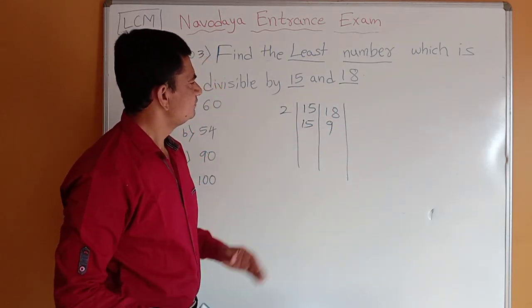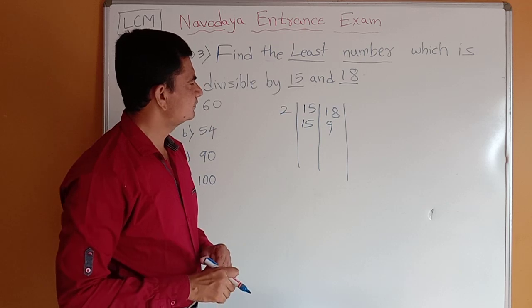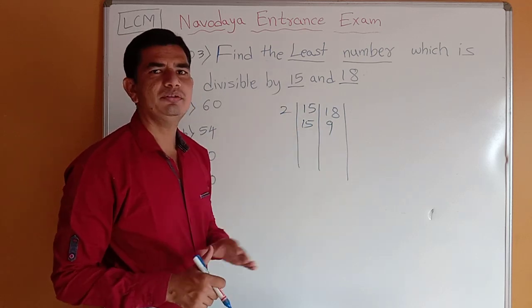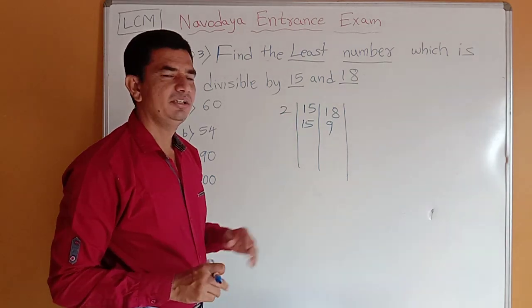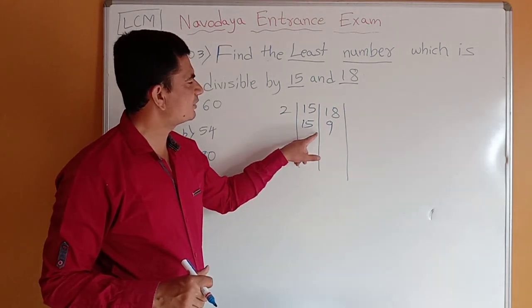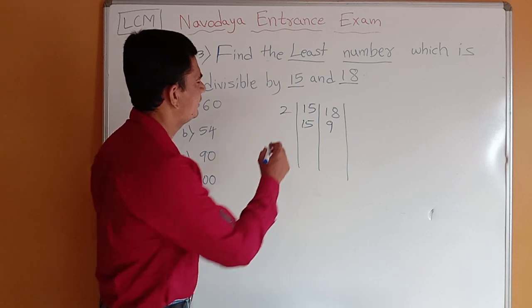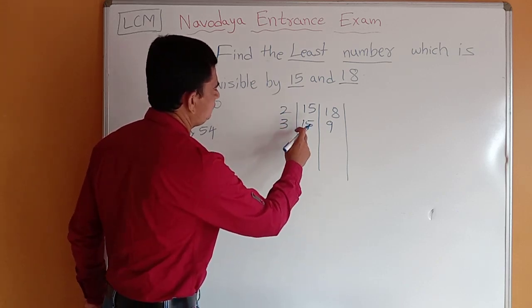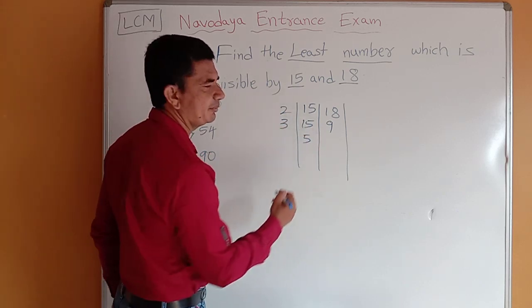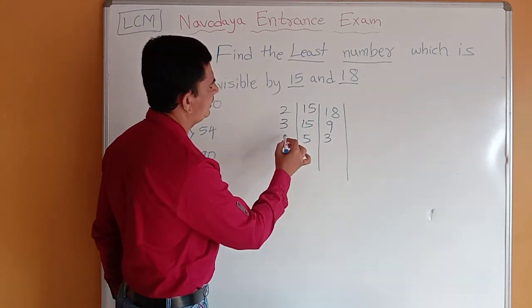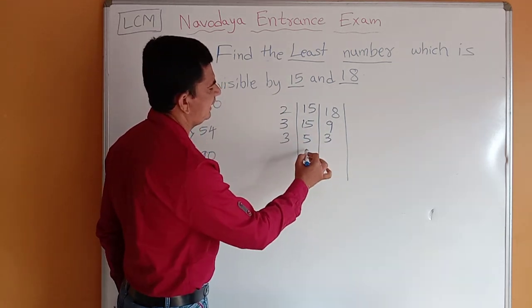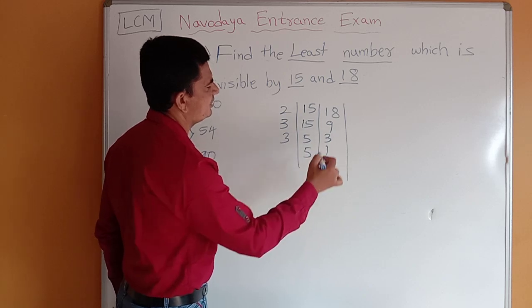Next, we can't take 2 here. So try with 3. 3 for 15 and 3 for 18 we have to find. 3 5s are 15 and 3 6s are 18. Again we can take 3, because 3 is there, 5 as it is, 3 3s are 9.